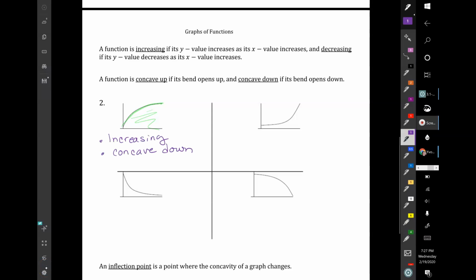Okay, so we have increasing and concave down. So this one on the right-hand side is also increasing from left to right. We'd go up, and the bowl would be filled. The stuff wouldn't dump out, so it's going to be concave up.